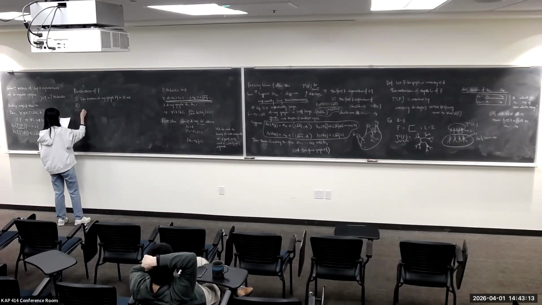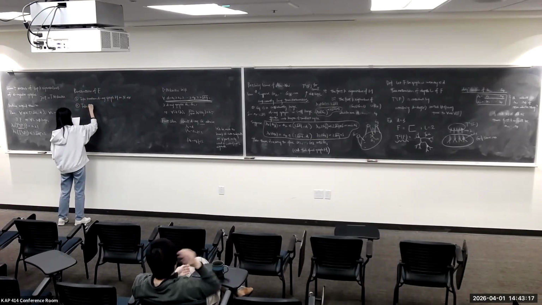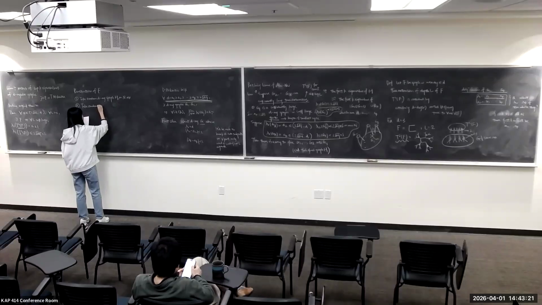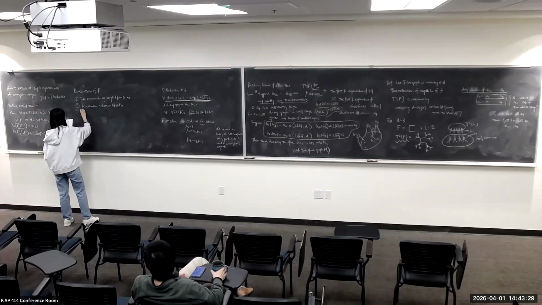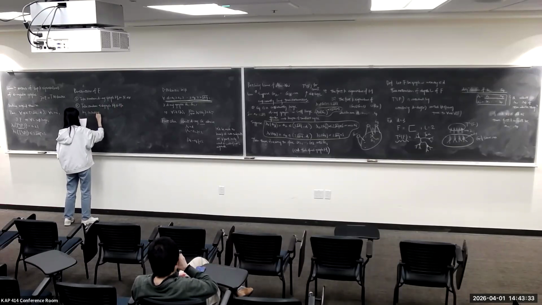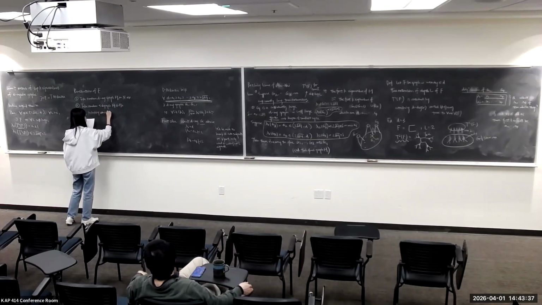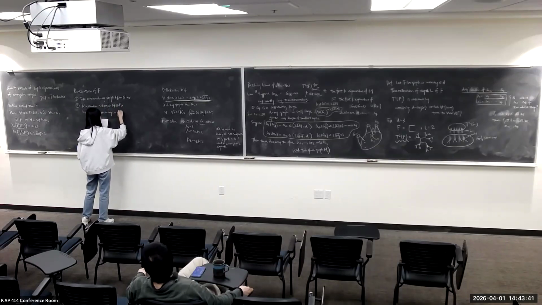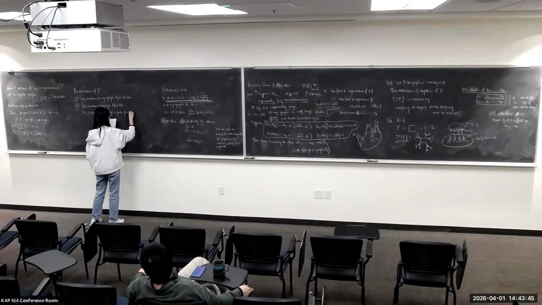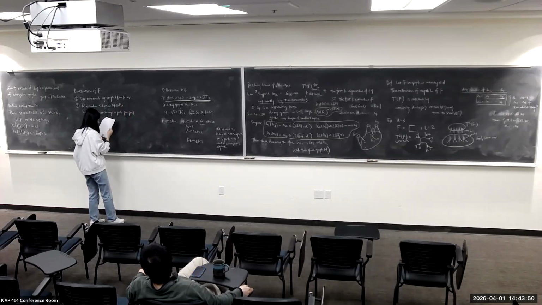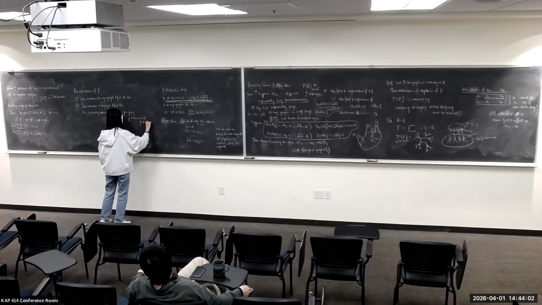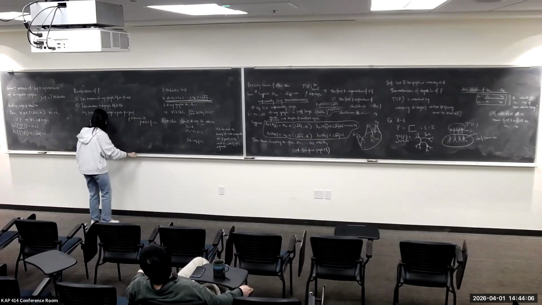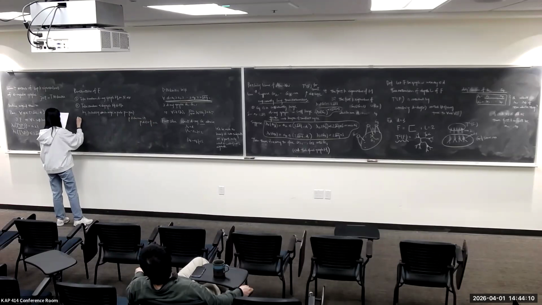Then I will take a random subgraph, maybe let's call this H0, of H, by including each edge with probability P, where P is a function of a. Let me write down what P is. P is chosen such that P times (d minus 1) plus 1 over P equals a.